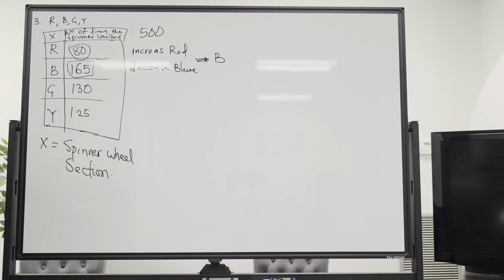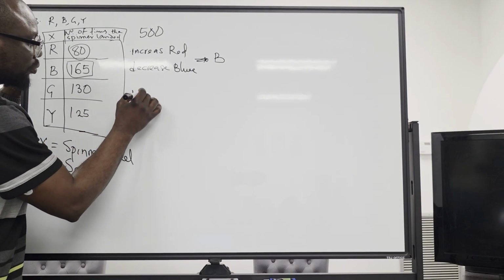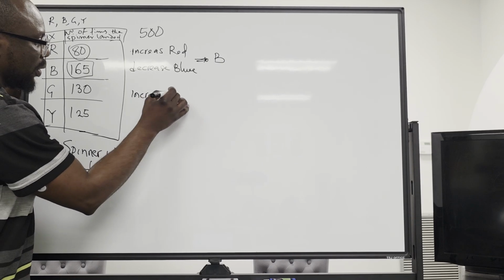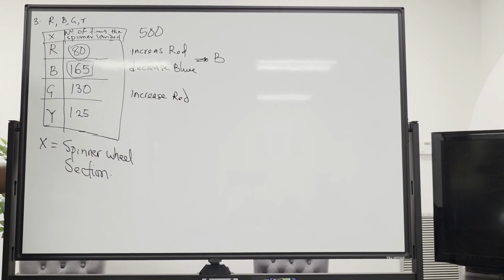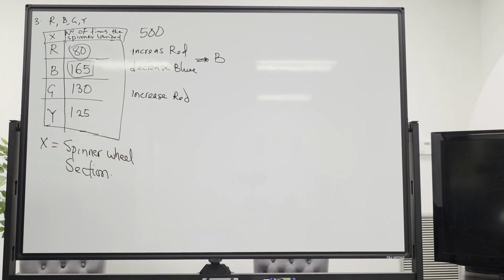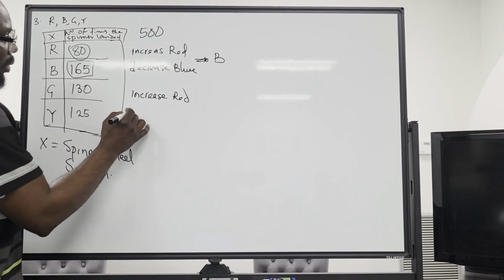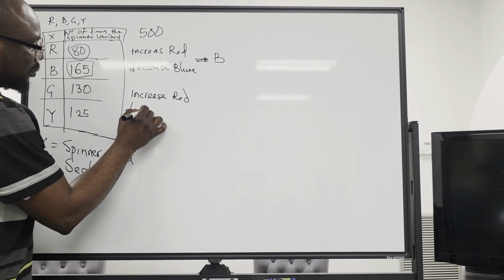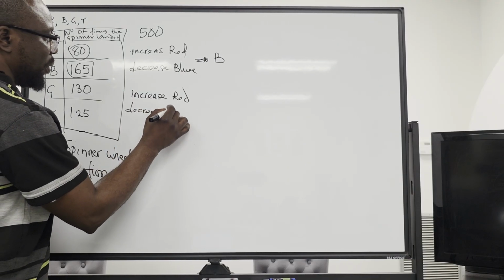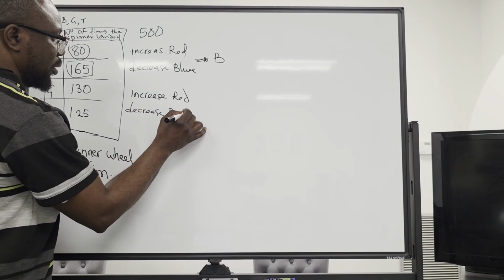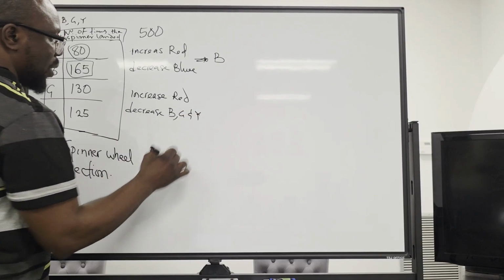Option C says it should increase the area of the red, increase red, okay? Increase red, and says that by decreasing the area of any of the other 3, by decreasing B, G, and Y, yellow.